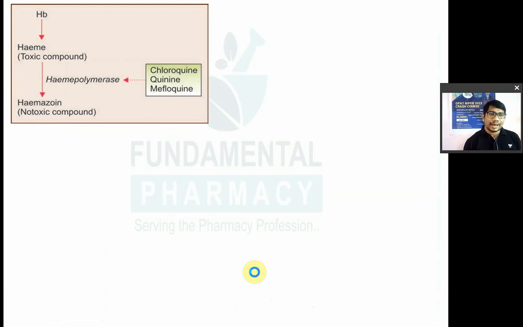We will see the mechanism of action of chloroquine, quinine and mefloquine. What happens?